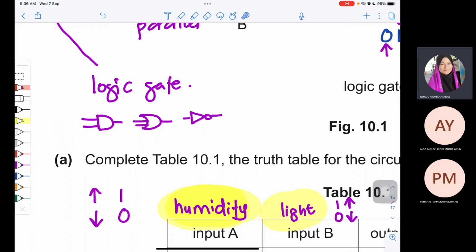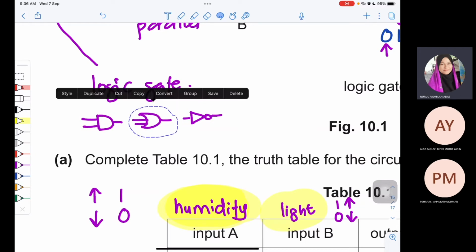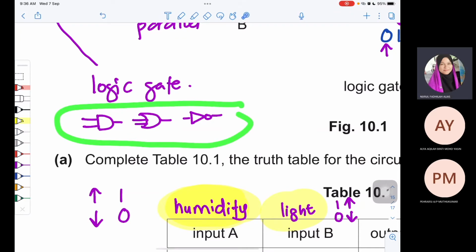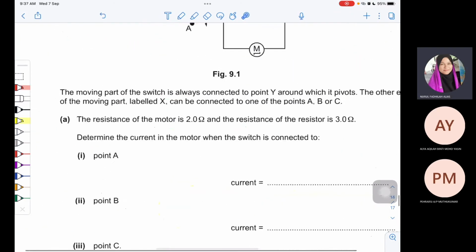Okay, for and kita ada two input, one output, or two inputs, one output, or not one input, one output. And then we can combine this kan. Ini letak dekat sini or sini. Macam jadi gabung-gabungkan dia. But first of all, you must know the basic. Okay, kita tengok soalan yang seterusnya.